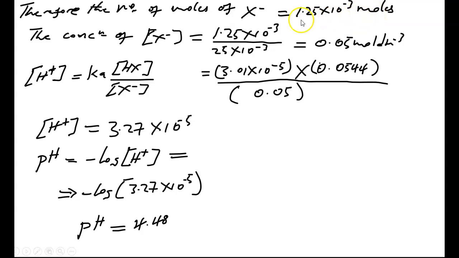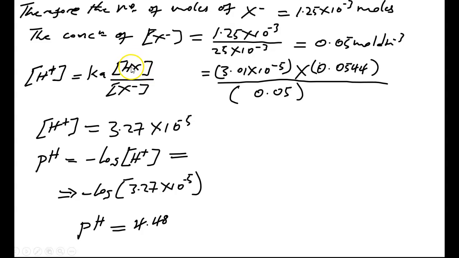Now that we know the number of moles of X⁻ in the buffer, we can calculate the concentration of X⁻, because we cannot use the number of moles, by dividing the number of moles by the total volume of the buffer solution in dm³, and that should give us 0.05 moles per dm³.